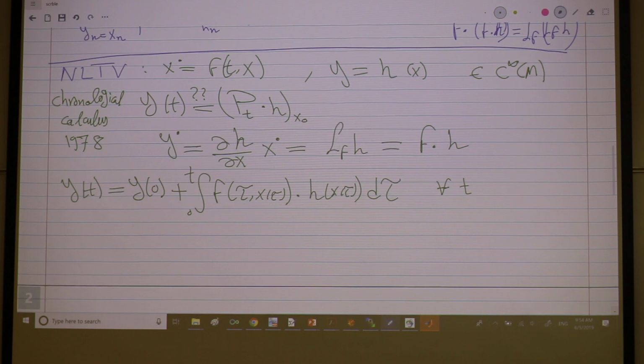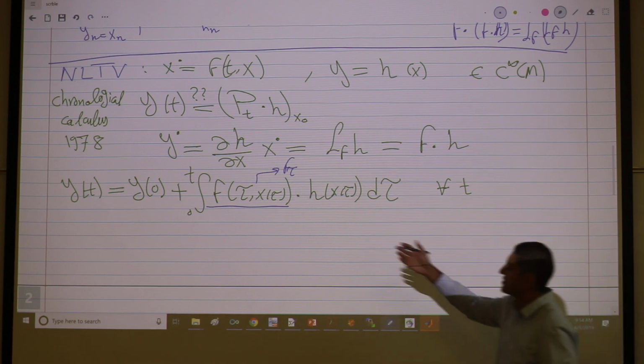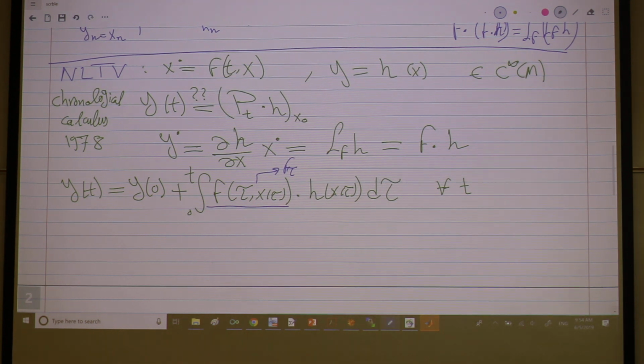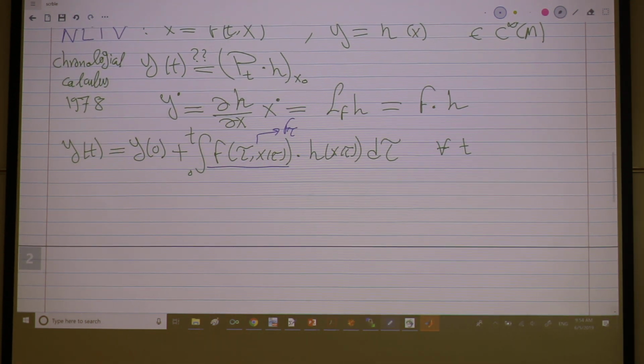So just for not taking too much time, I will call this guy from now on f tau. Because f is time varying, this is f evaluated at time tau with x also at time tau. So now I will write again the same thing, y of t equals y of 0 plus the integral from 0 to t of f tau acting on h.